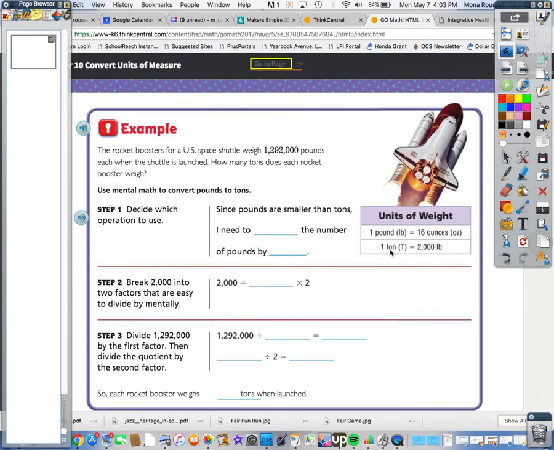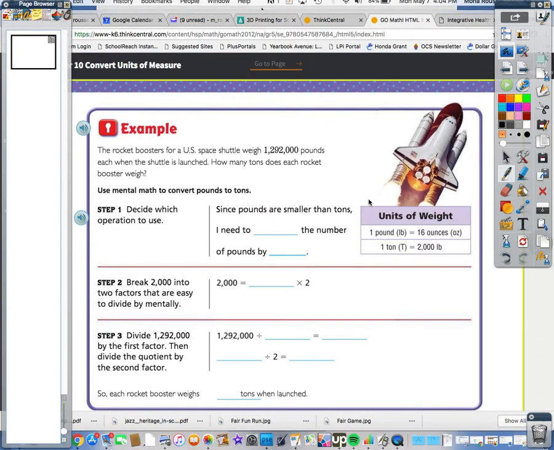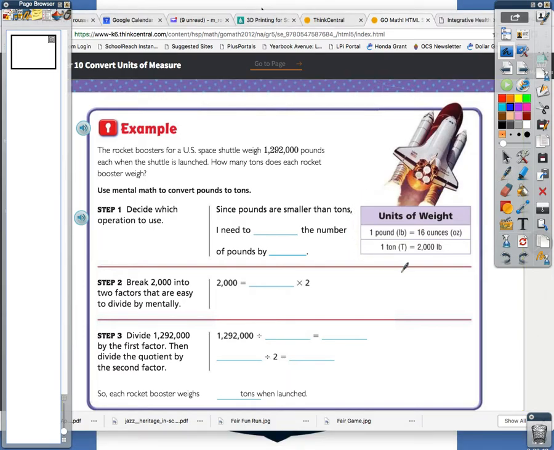There we go, our units of weight. Rules stay the same: larger to smaller multiply, smaller to larger divide. It's just we're now using this data, that there are 16 ounces in a pound and 2,000 pounds in a ton. That's the information we'll be using to do our conversions.